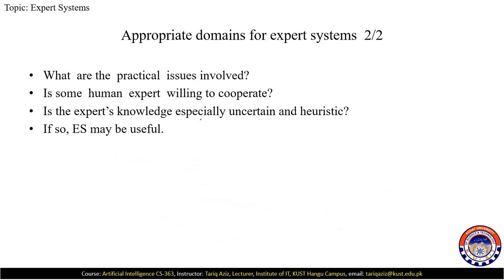Now, the third question is that you should consider the practical issues. And what are these practical issues? First of all, as I said, to develop an expert system, we need a human expert.